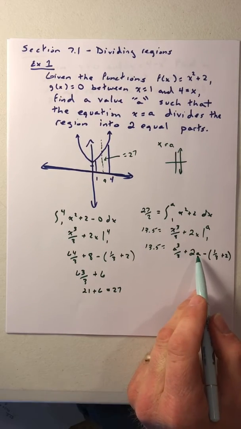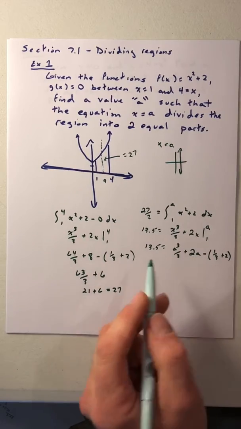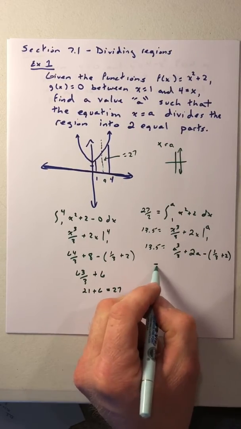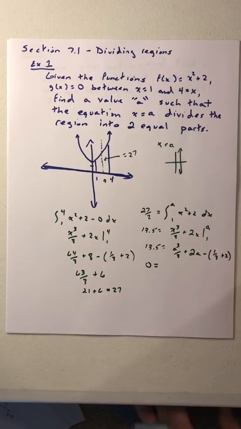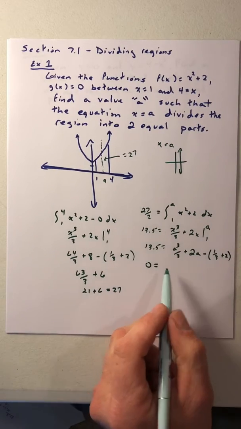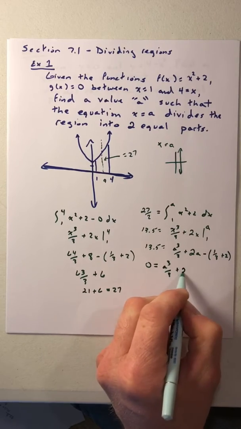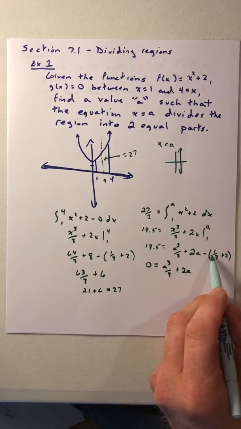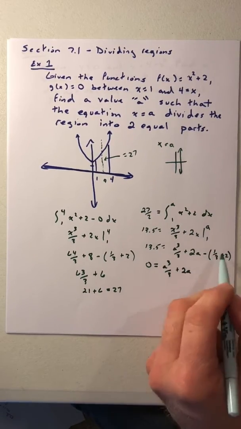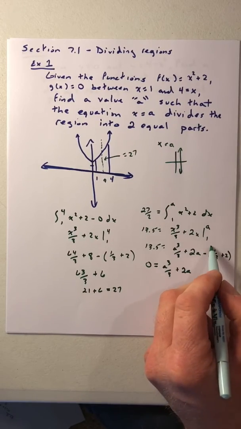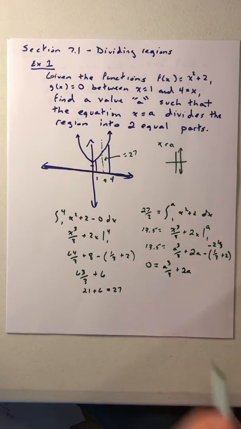I have a cubic function. It's going to be kind of on the cumbersome side, so it looks to me like I'm going to have to find the zeros of this function. So 0 is going to equal a to the third over 3 plus 2a, here I have negative 1/3 minus our 2, or negative 2 1/3. And I'm going to bring in my 13.5.